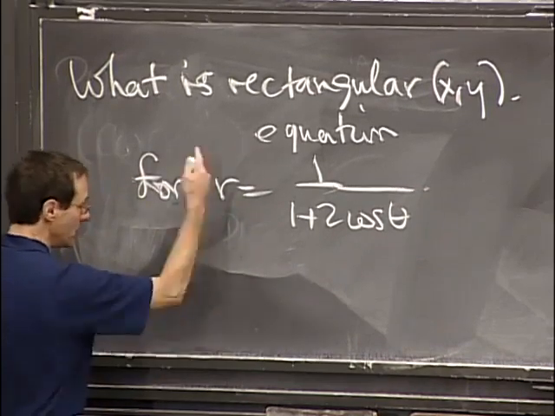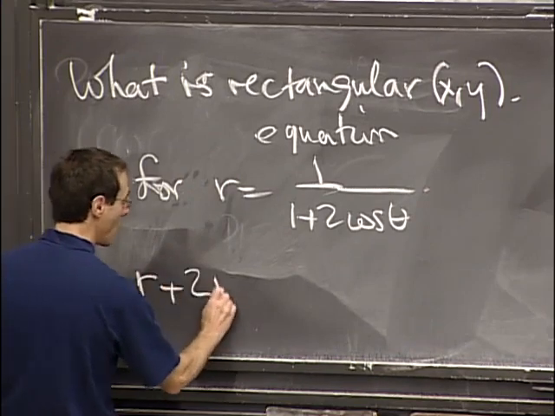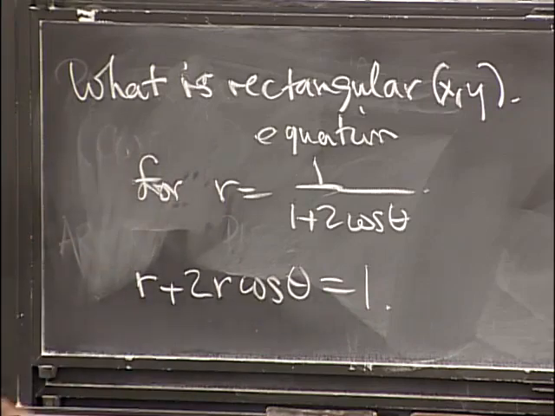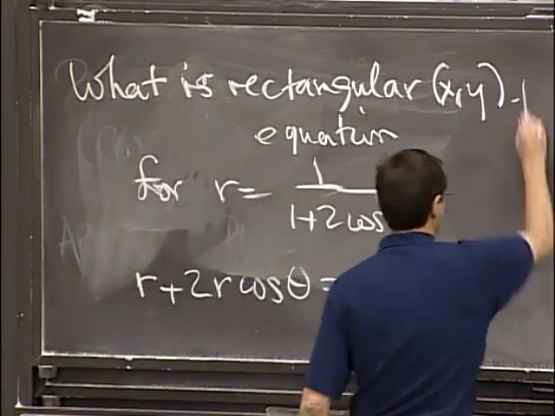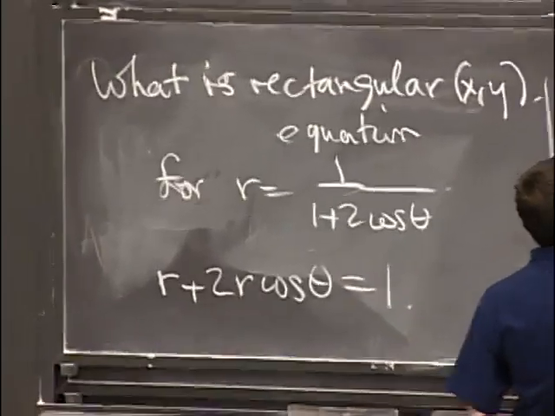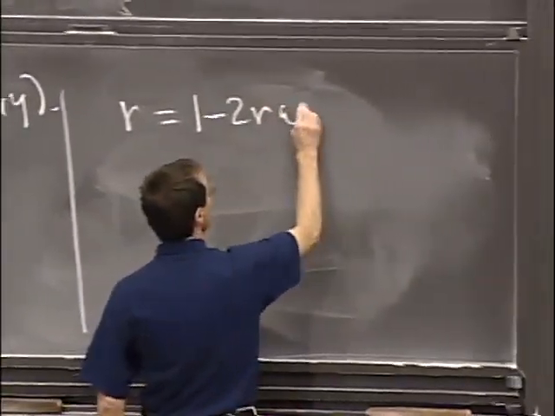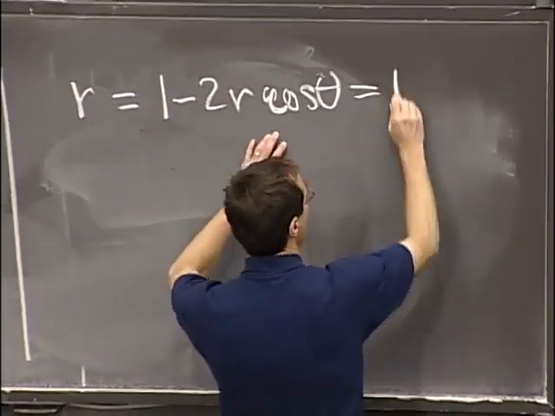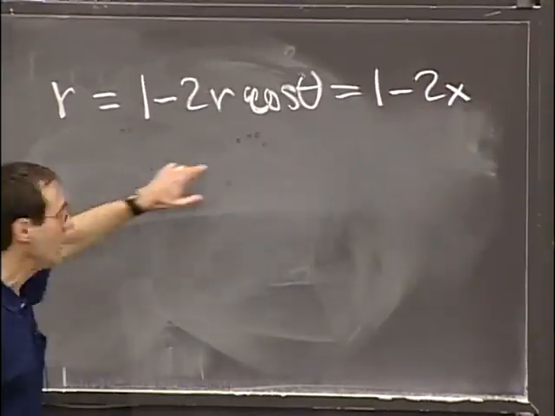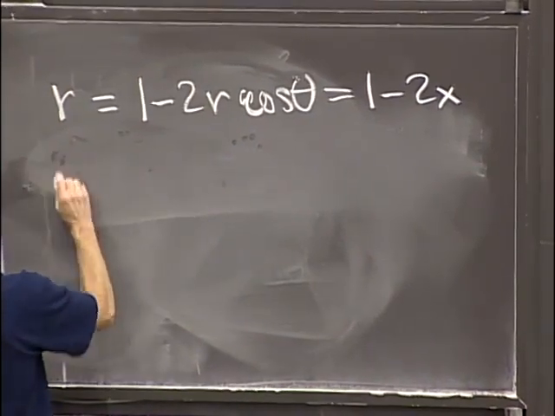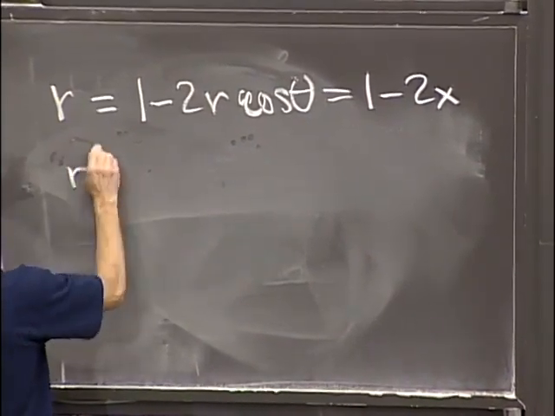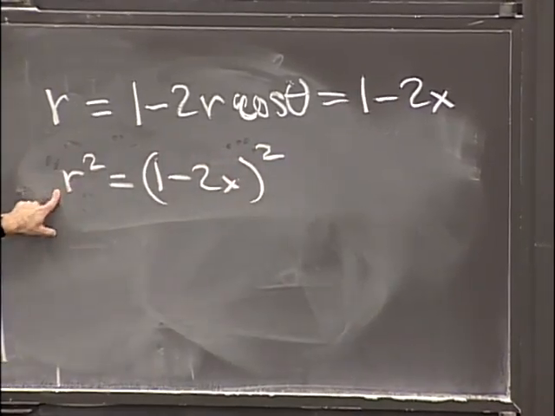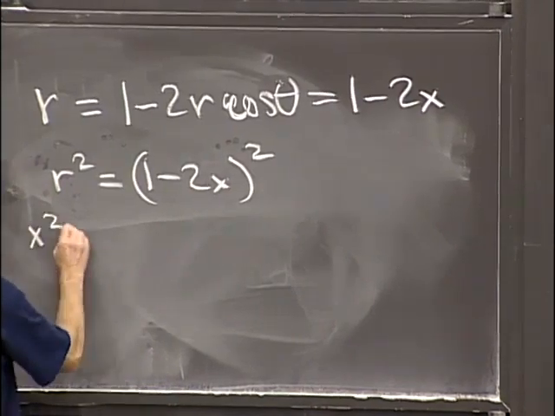Well, first I'm going to clear the denominator here. This is r plus 2r cosine theta equals 1. And now I'm going to rewrite it as r equals 1 minus 2r cosine theta. The reason for that is that in a minute I'll explain to you why. This is 1 minus 2x. And this I'm going to square now. I'm going to make this r squared equals (1 minus 2x) squared. And now with an r squared, I can plug in x squared plus y squared.